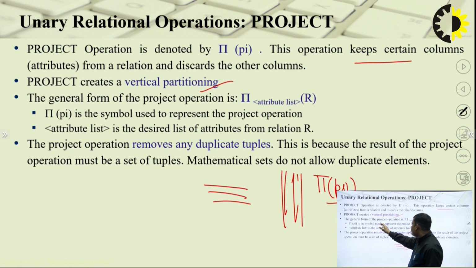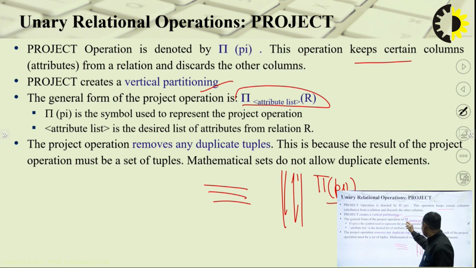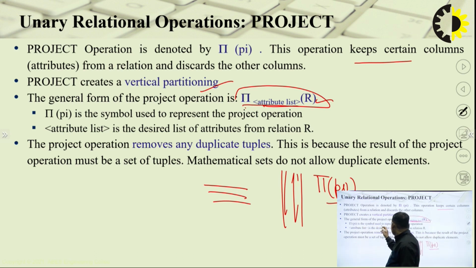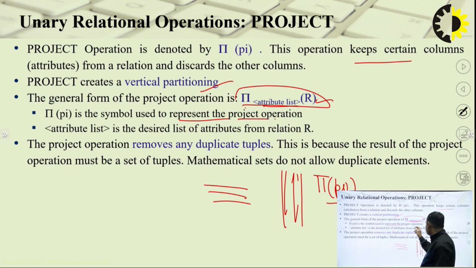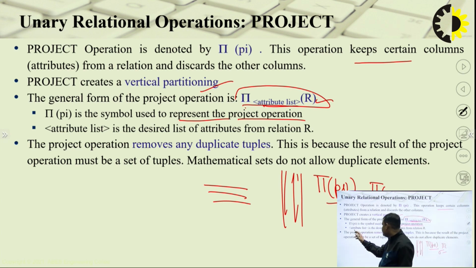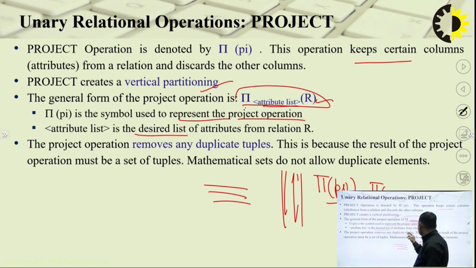In general, the projection operation is written as pi, attribute list, relation name. Pi is the symbol representing the projection operation and sigma is the symbol for the selection operation. The attribute list means the desired columns selected from the relation, the table.